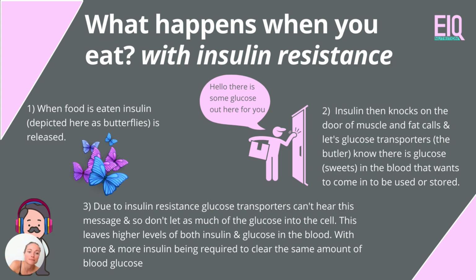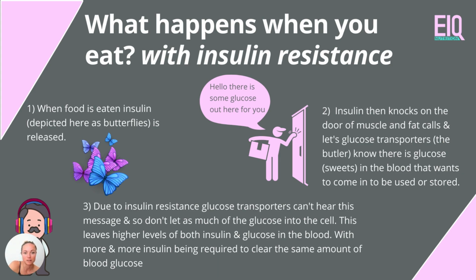But the butler here, who is meant to be a glucose transporter, now has headphones in, so he can't really hear what's going on at the door. So they need more insulin to knock at that door to let in the same amount of glucose.